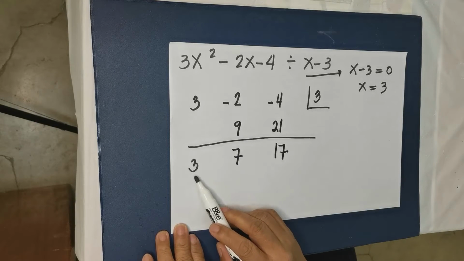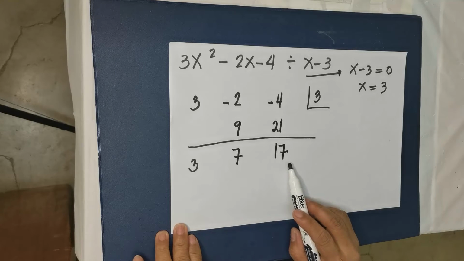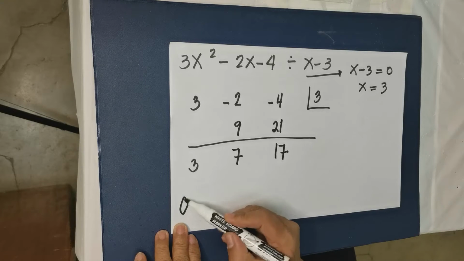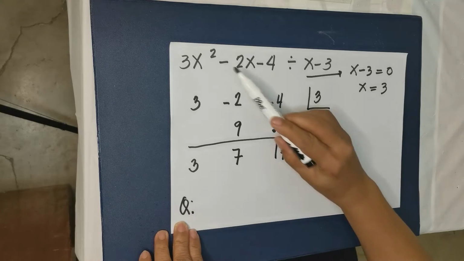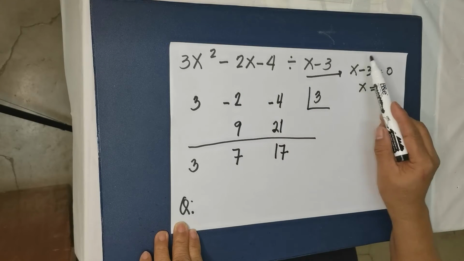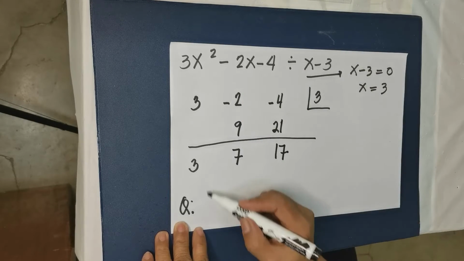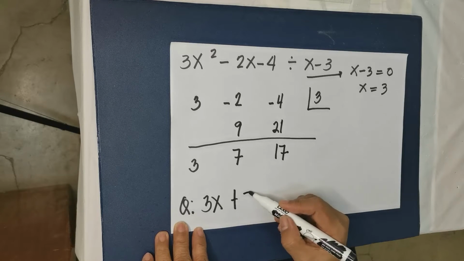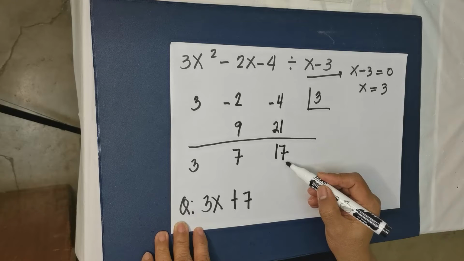So these numbers here, the 3, 7, and 17, comprise now the numerical coefficients of your quotient. So therefore, our quotient would be, take a look at the exponent of your dividend and your divisor. So this is 2 minus the exponent 1. So we start with your x raised to 1 plus your 7. So what would be your 17?